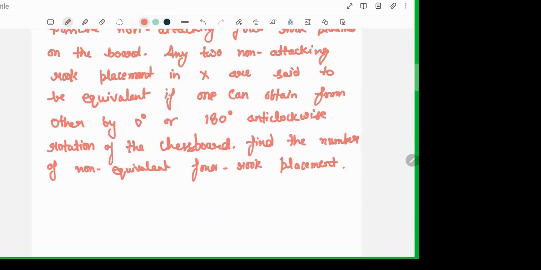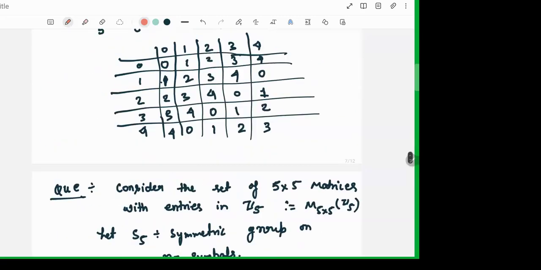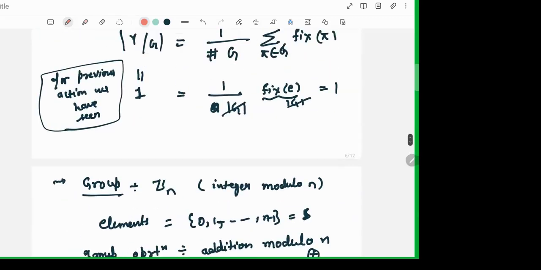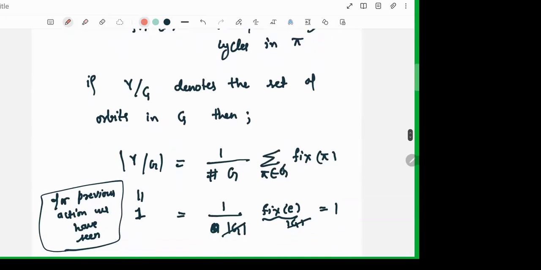So you try to use the Burnside lemma. What we have to compute is the number of non-equivalent four rook placements. Under 0 degree everything is fixed, but under 180 degrees some two different things can be obtained. The Burnside lemma says the cardinality of Y mod G is the same as the average over pi belonging to G of the cardinality of fixed pi.